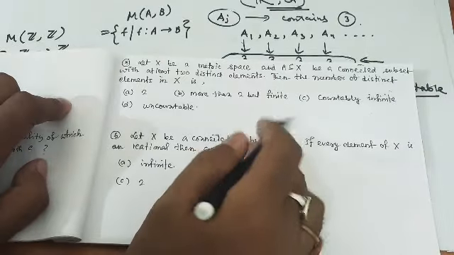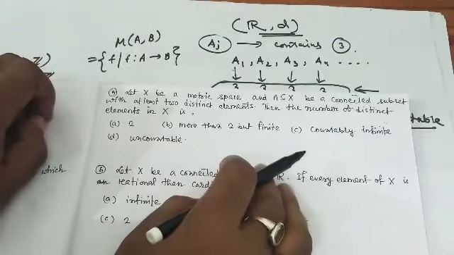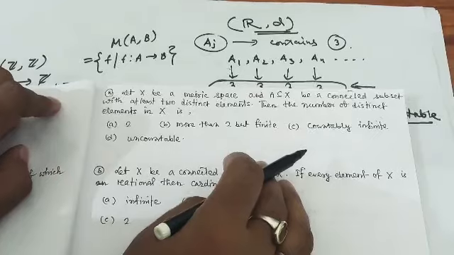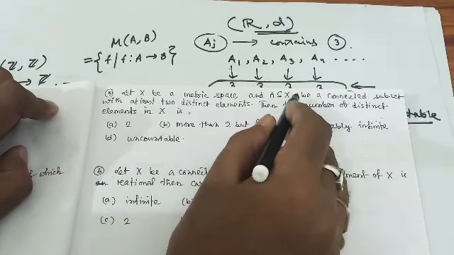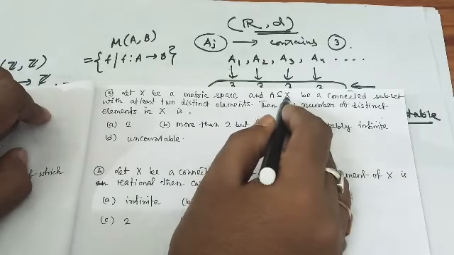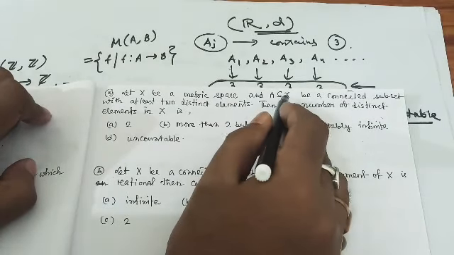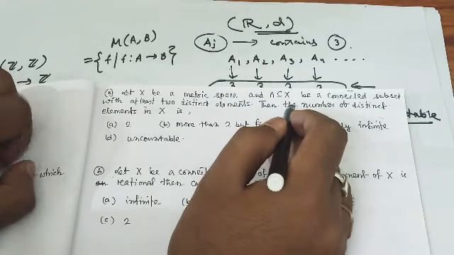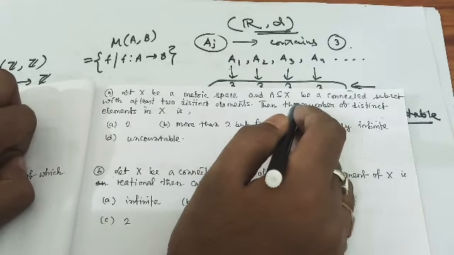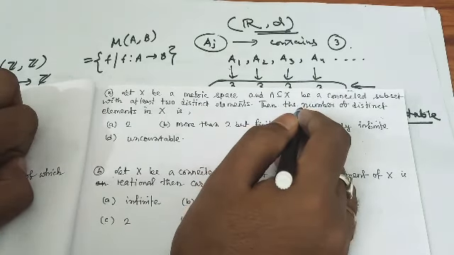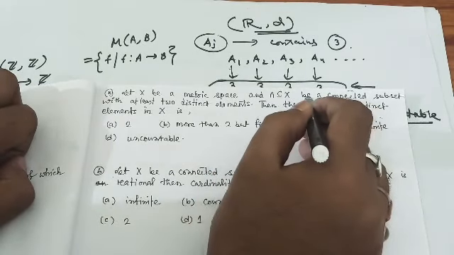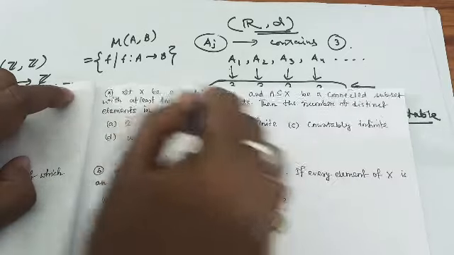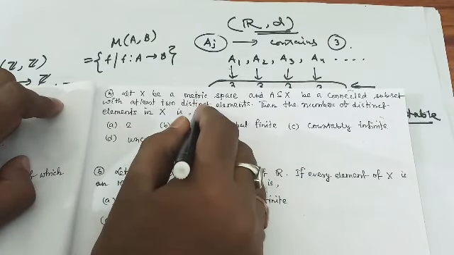This metric space we can consider as (R, d), where d is the usual metric. And A is a subset of this metric space, that is A is a subset of R, and you know that the connected subsets of R are in fact intervals, with at least two distinct elements.